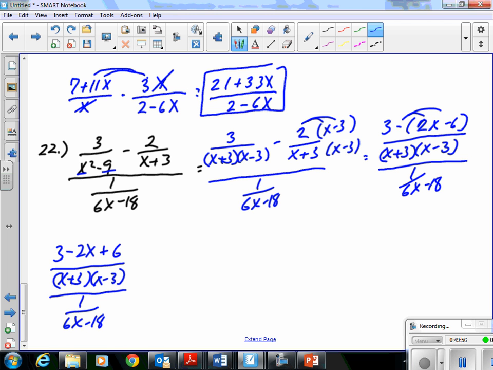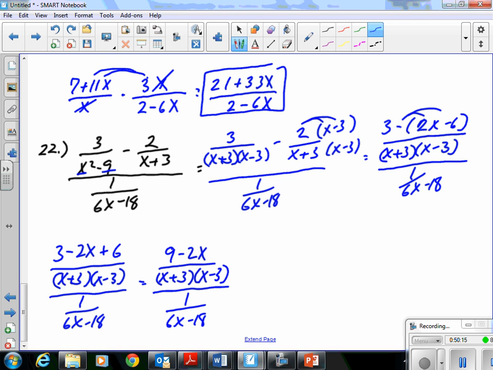So we can simplify the top a little bit more. 3 plus 6 can be 9 minus 2x over x plus 3, x minus 3, over 1 over 6x minus 18.